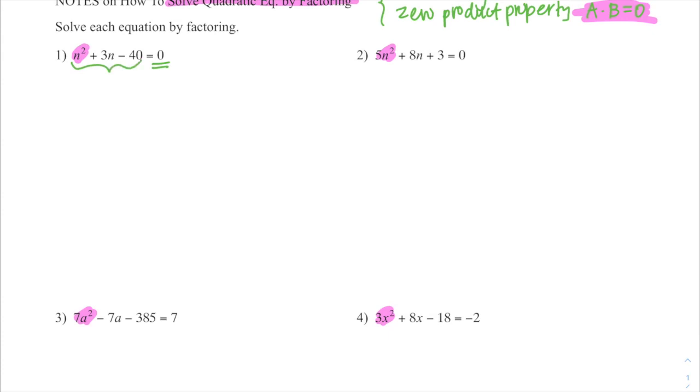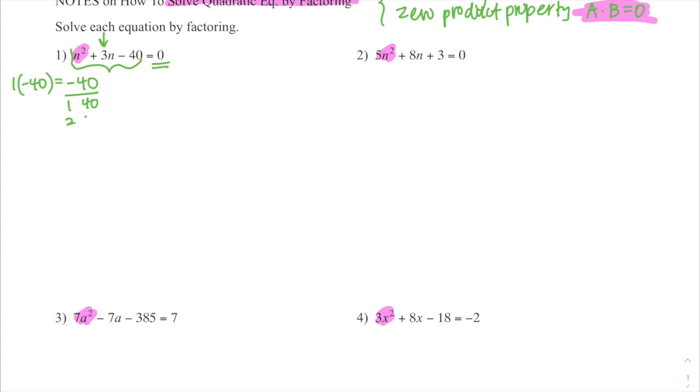So now we're going to factor this left-hand side. So we have a 1 in front of the n squared. So 1 times negative 40 is negative 40. And we need to think of factors of negative 40 that are going to add to a positive 3.